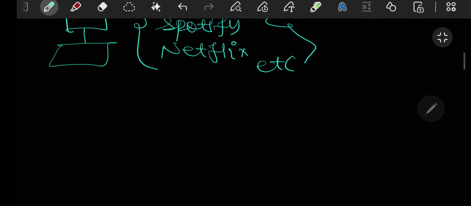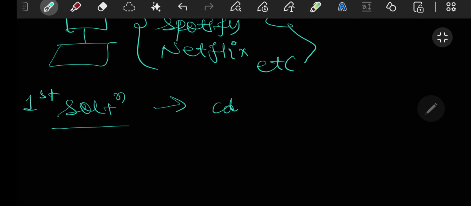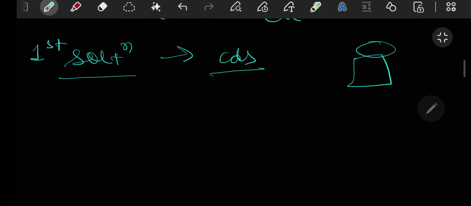So the first solution that comes to our mind is we load that program into memory manually, like we used to use CDs. We used to put the CDs in the CD drive, and then we used to run it. Similarly, we can run our program in our computer.